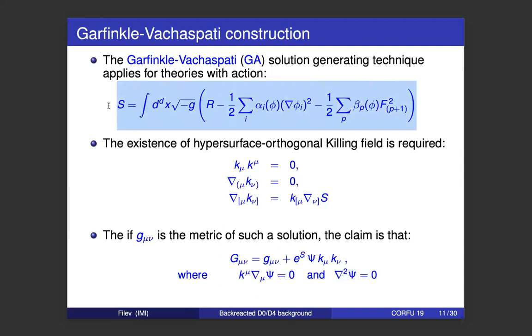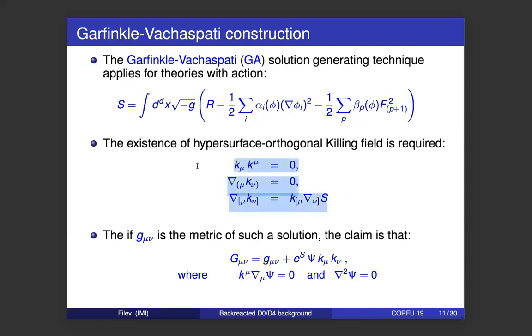So if your Einstein equations are derived from actions of this form, and in one solution there is a null hypersurface orthogonal Killing field, and if you have that, which is this mathematically, then this is a solution generating technique. So this saves you some work.